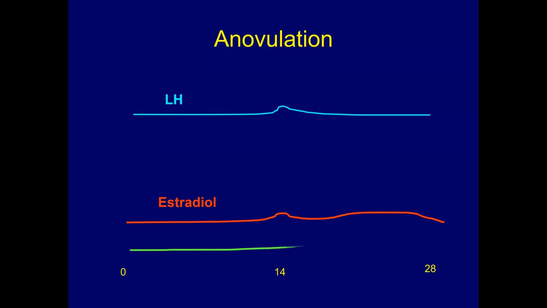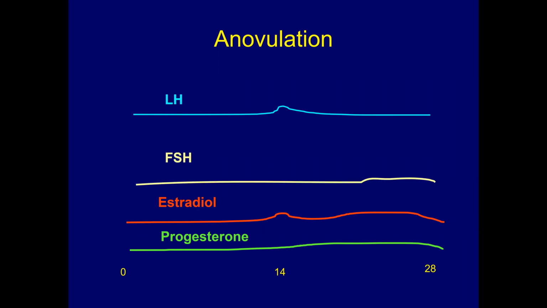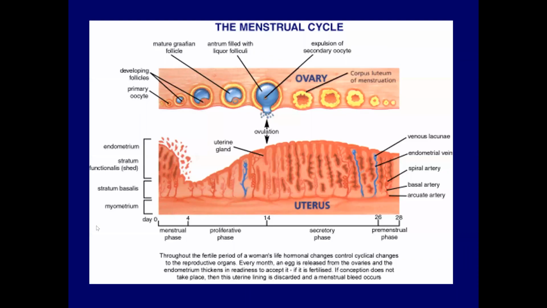With this, you have estradiol continuously flat, a little bit elevated but flat, and the LH never comes up, no progesterone. So the endometrium, you will see it in a different way. You see an endometrium with thickening due to estradiol, so more proliferative, but it never goes secretory because you will never see progesterone.